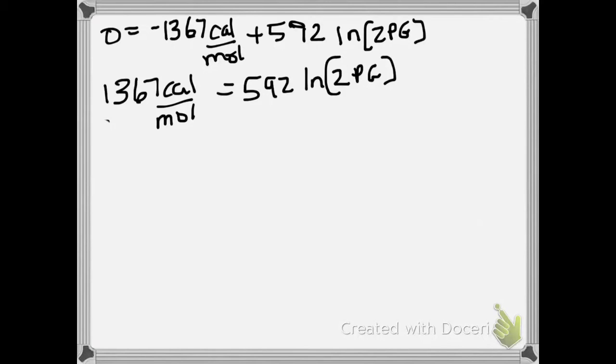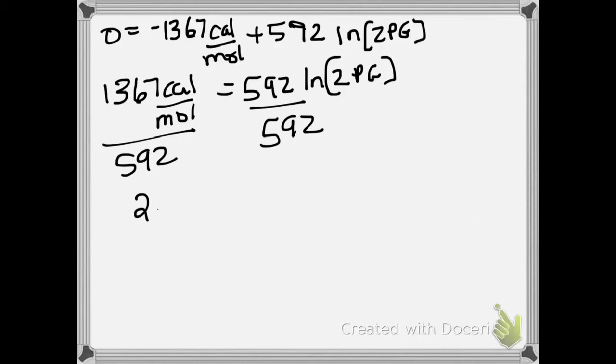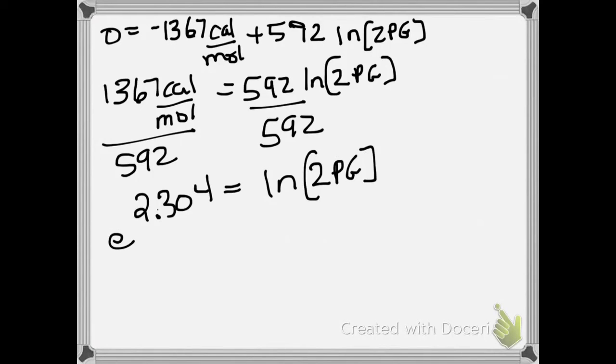I am sorry. Let's divide both sides by 592 first. And we get 2.304 equals the natural log of 2-phosphoglycerate. And then we take the e function and we get 10 micromolar equals the concentration of 2-PG.